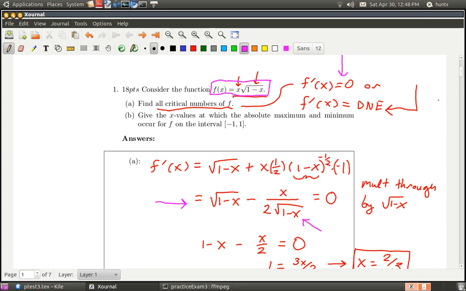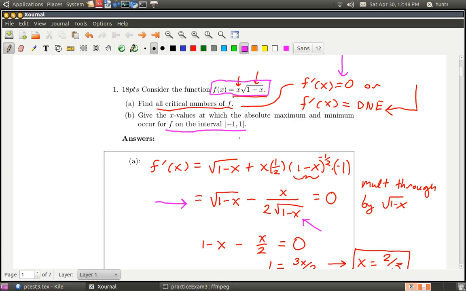It says, give all x values at which the absolute maximum and minimum occur for f in the interval -1 to 1. Okay, so we know from a theorem that whenever we have a closed interval and a continuous function, this function is continuous on that interval, it's going to achieve an absolute maximum and an absolute minimum there.